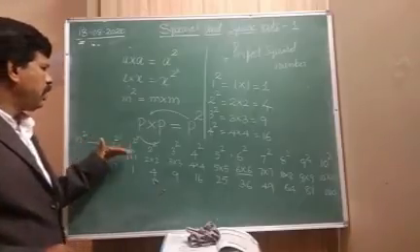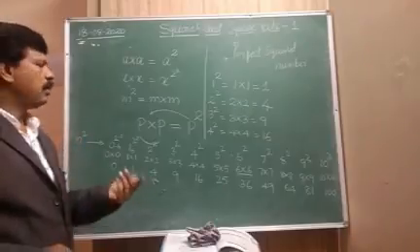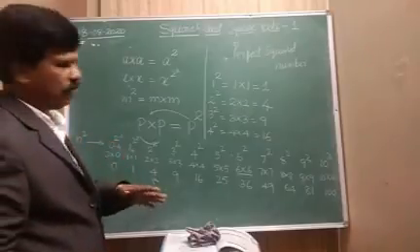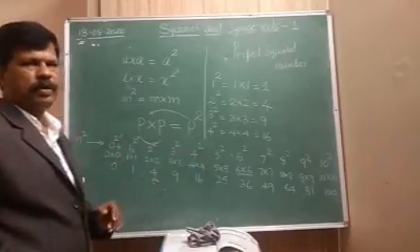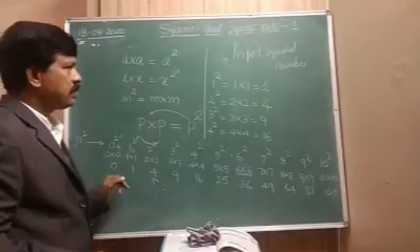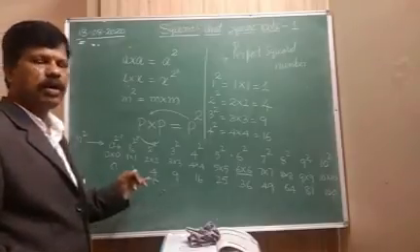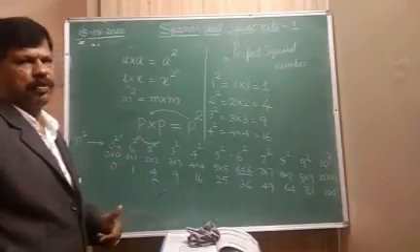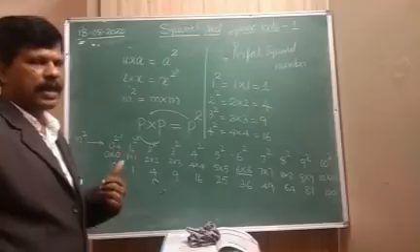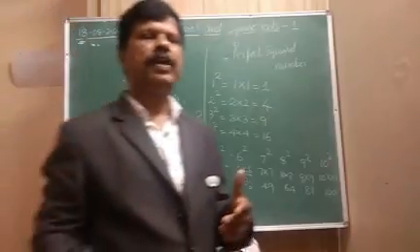So here the base is multiplied by itself twice, the same number. Therefore a perfect square number is defined as the product of the same integral number.